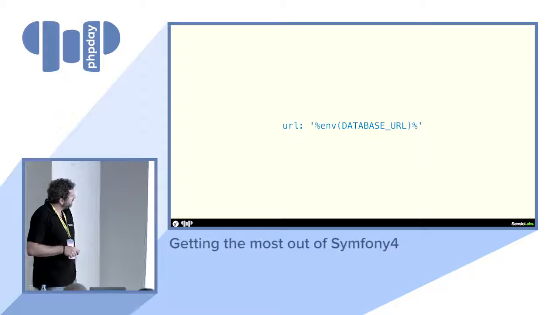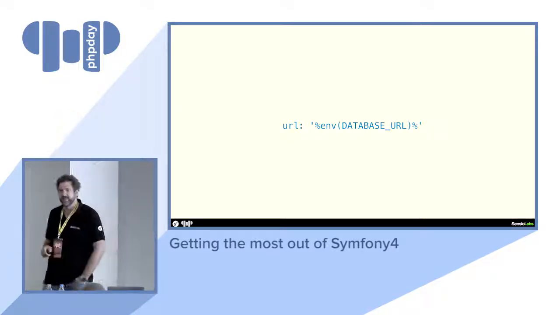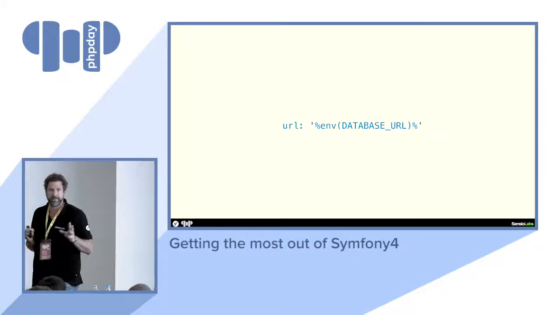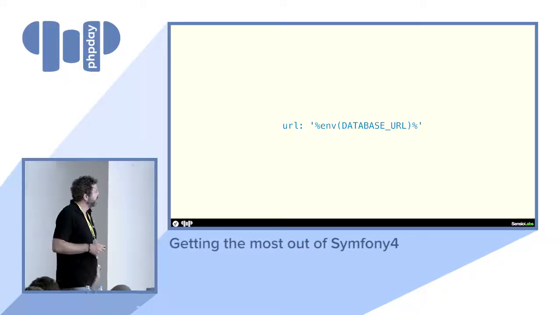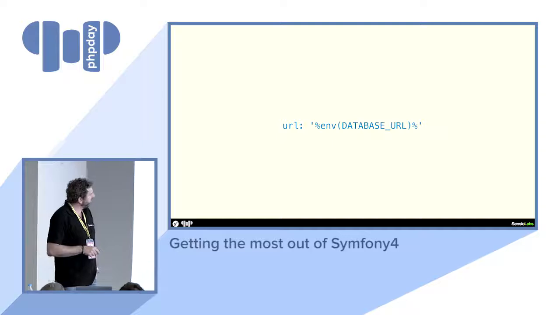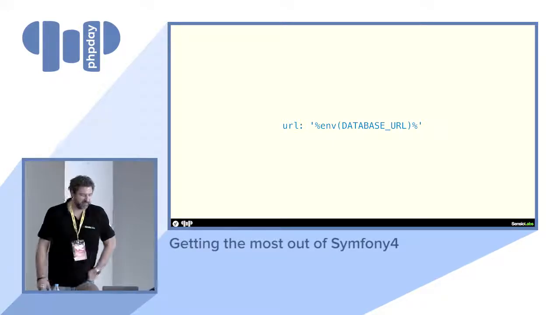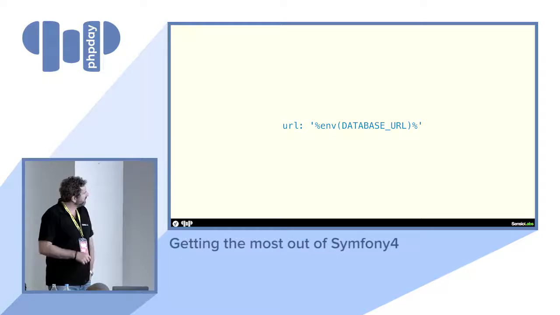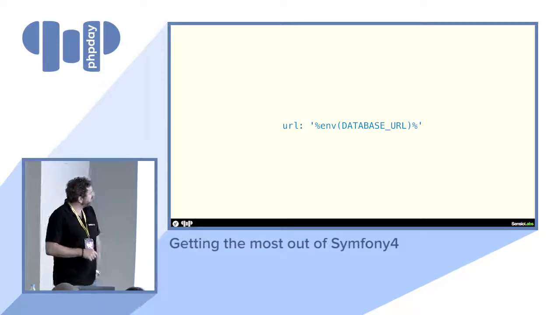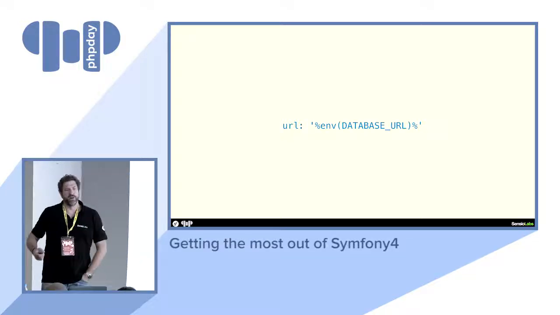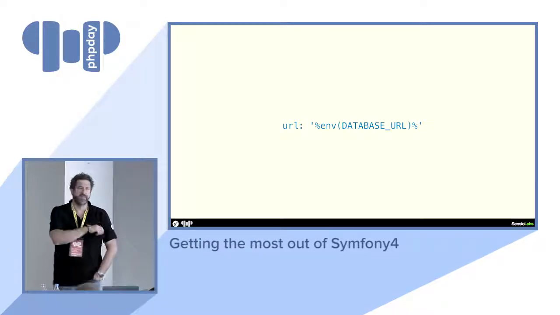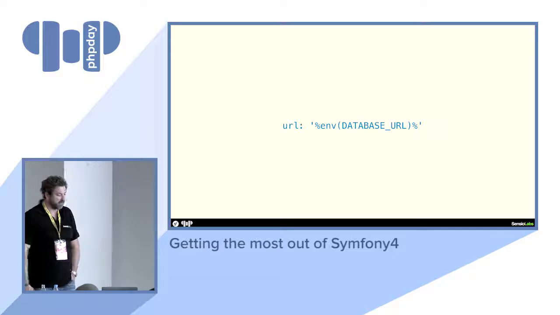So you will recognize the percent characters, which are the delimiters for a parameter placeholder. This is easy. And then we have this env delimiter marker, which looks like a function, and then the environment variable name. So if you use this in a placeholder, Symfony will know I have to resolve this environment variable as this parameter.